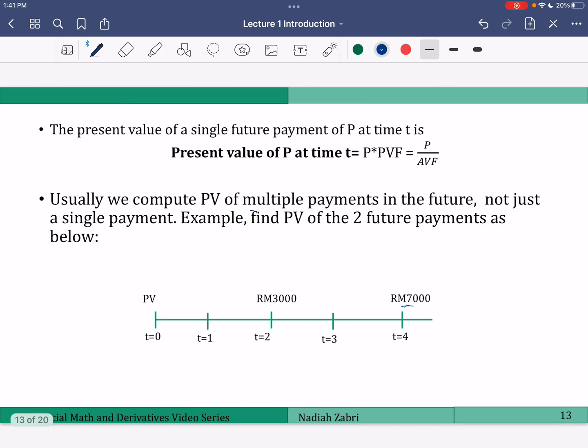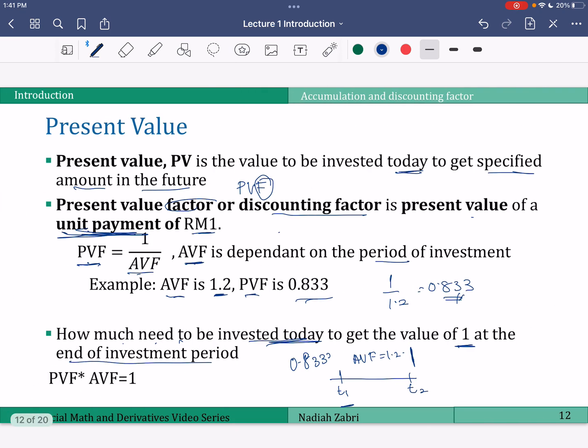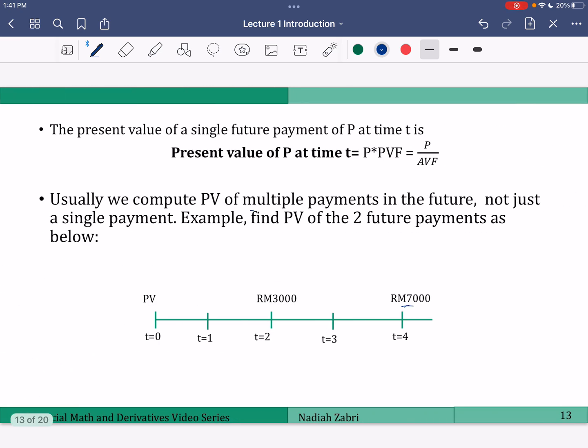Moving on. Just now we talked about a unit investment to get a value of 1. Now, what is the present value of a single future payment of P? Not a unit payment already.